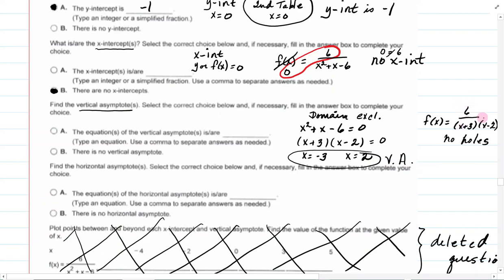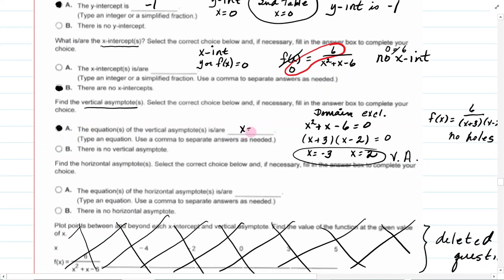If one of them had divided out, or if both of them had divided out, they could be holes, but we're not going to graph any that have holes. So our answer to this, the vertical asymptotes are x equals -3, comma, x equals 2. It does not matter about the order.